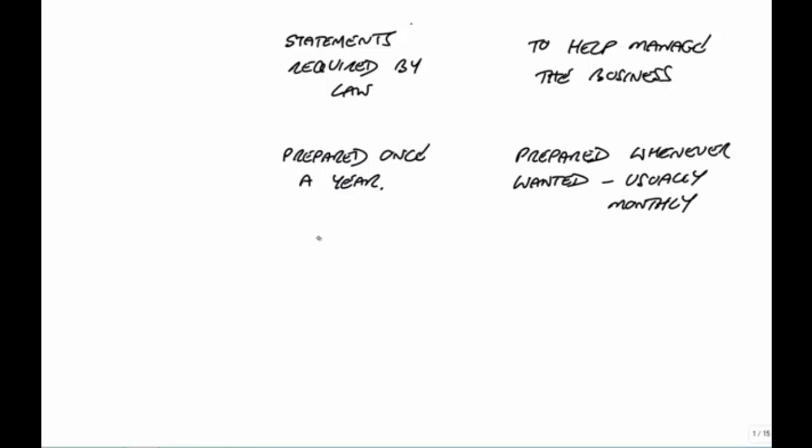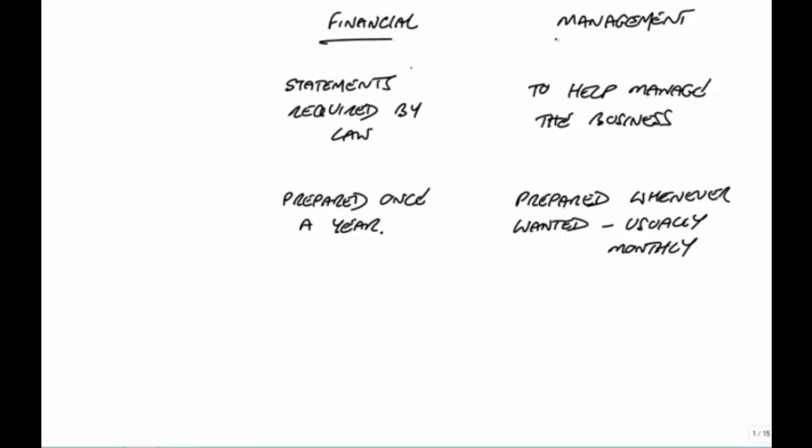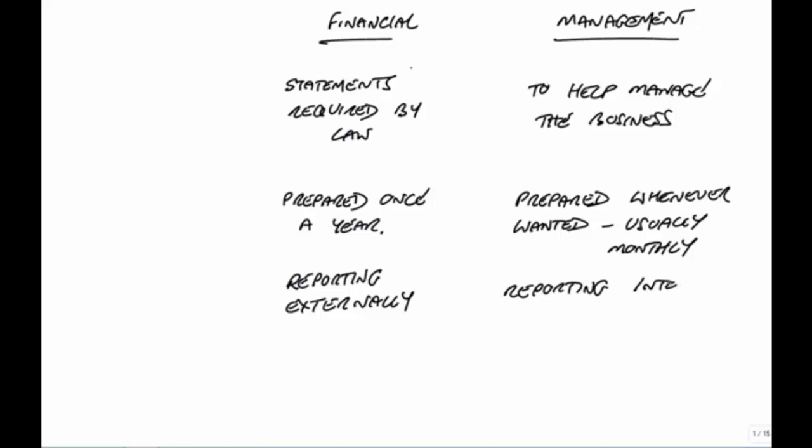Financial accounts, we're reporting externally. Whereas, to make it clear what I mean, management accounts, we don't send them to the state, we don't send them to shareholders. Those are for the benefit of management. We say we're reporting internally to management.